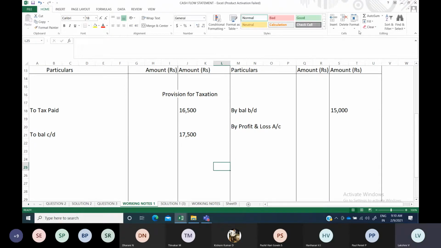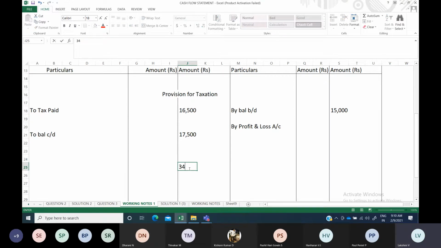So you have to balance this account now. Which side is higher? This side only has the higher amount. 16,500 plus 17,500, how much will you get? 33, I think, or 34.